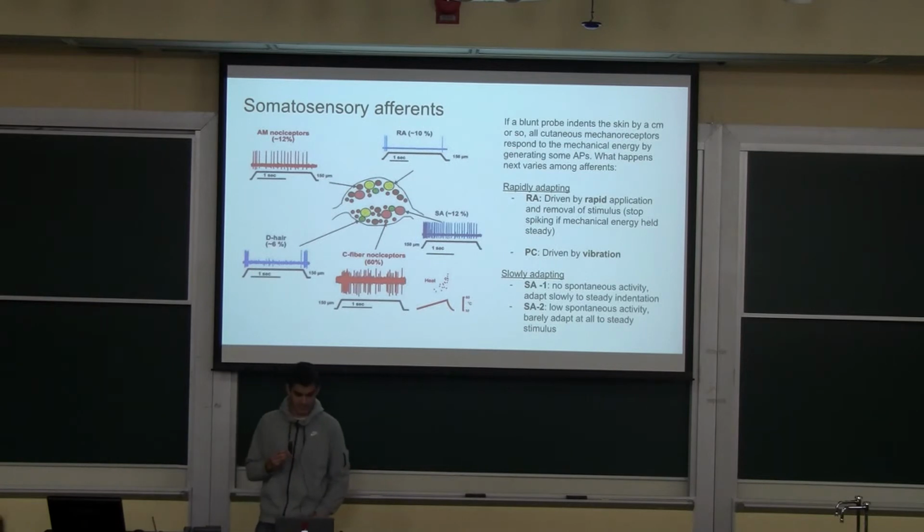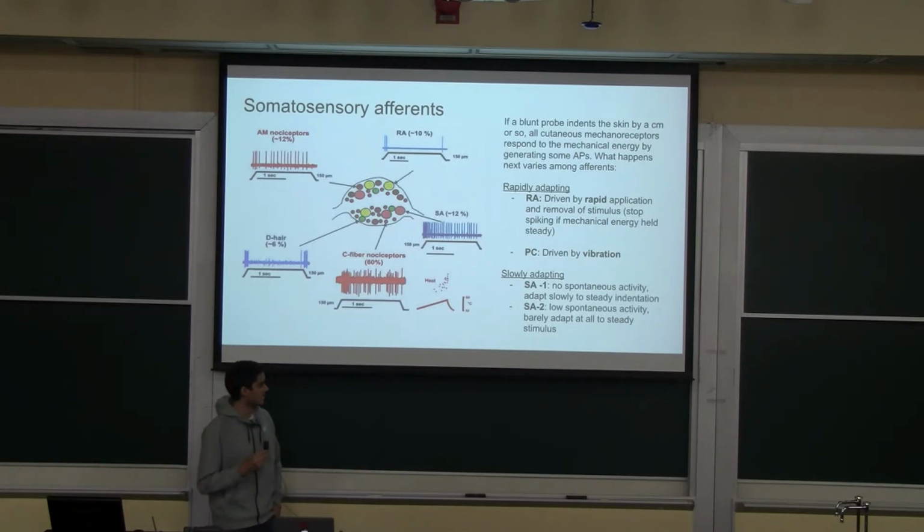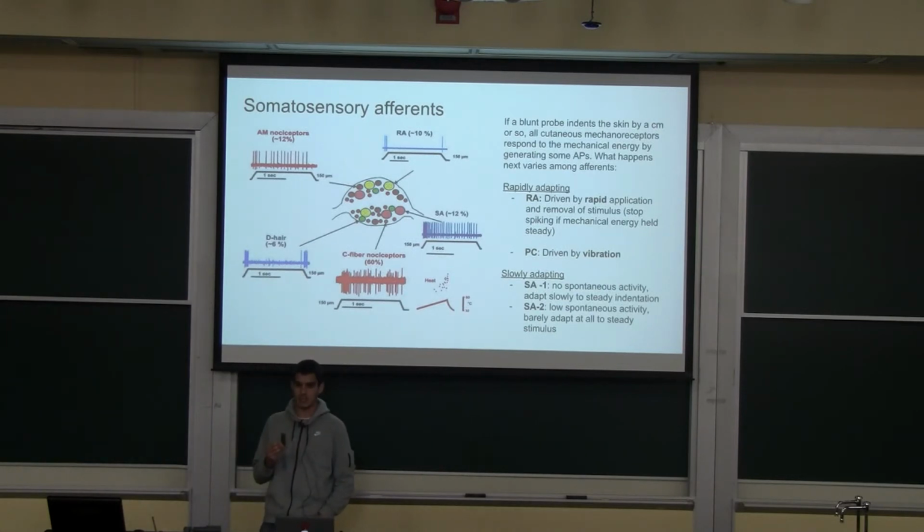And then slowly adapting, again, all this means is how it generates action potentials in response to this probe being indented into the skin. It takes a while to adapt. There are two types, SA1 and SA2, and as we'll see, those match up with Meissner and Ruffini. The key difference there, even though we didn't really talk about it, has to do with their levels of spontaneous activity and just how slowly they adapt.